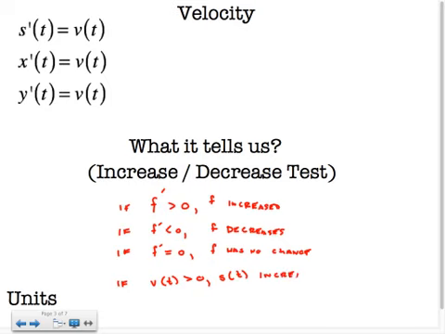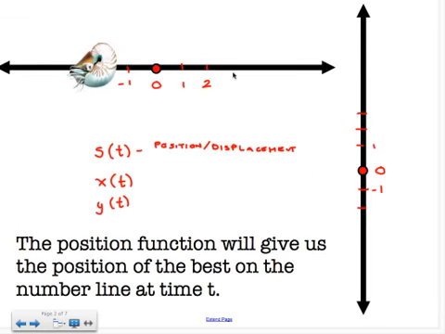Now what does it mean to increase in this context? Let's go back to our page with the number lines here. If my position is going to increase, that means the numbers are going to get larger. So if I'm on a horizontal number line, that means I have to be moving to the right because my numbers are getting larger. If I'm on a vertical number line, then my numbers getting bigger would mean I am moving upward.